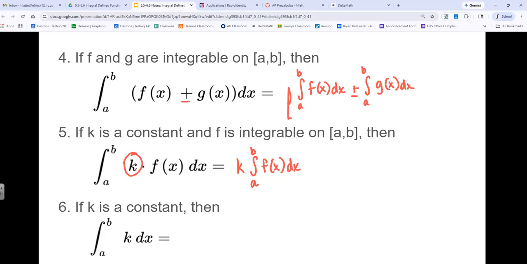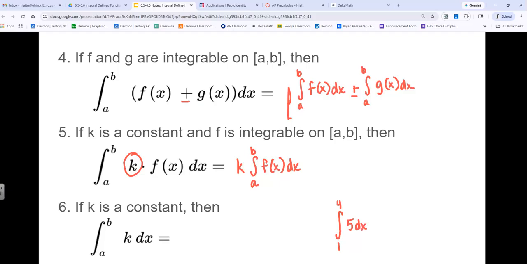And then our last one is what we do if we have just a constant number. I almost think it's a little easier to think of this example with numbers put in there. So let's say we're integrating from 1 to 4, 5 dx.